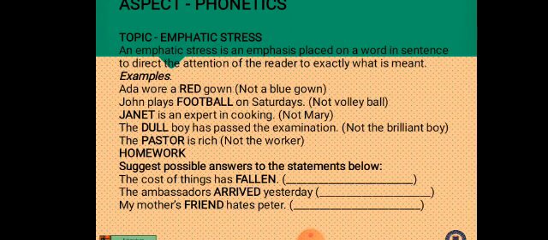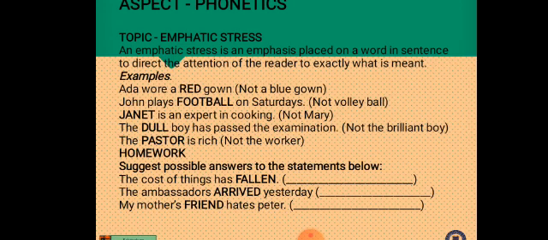Number 3, JANET is an expert in cooking. We are talking about no other person but who? But Janet. Number 4, the DULL boy has passed the examination, not the brilliant boy. Who has passed the examination? The dull boy. Number 5, the PASTOR is rich, not the worker. The pastor is the person that is rich here.